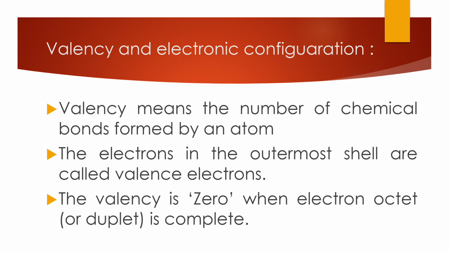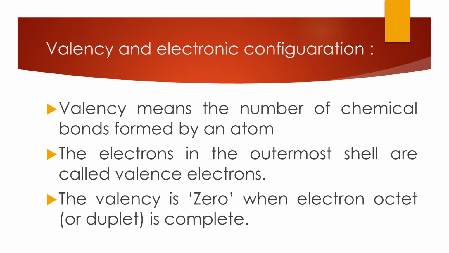How many electrons are there in the outermost shell? 1 electron. So the valence electrons of sodium are 1. In the case of carbon, 2, 4 is the electronic configuration, so in the outermost shell, 4 electrons are there. So there are 4 valence electrons. The electrons that are present in the outermost shell of an atom are called the valence electrons.